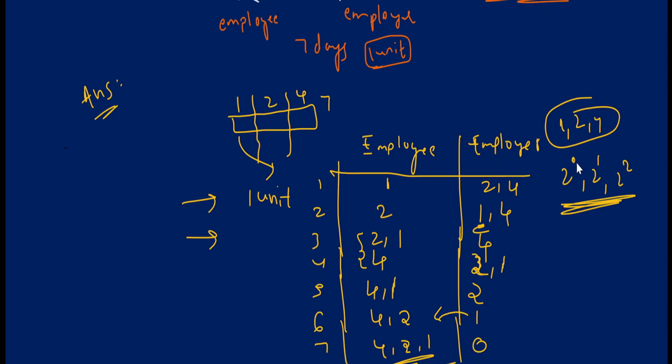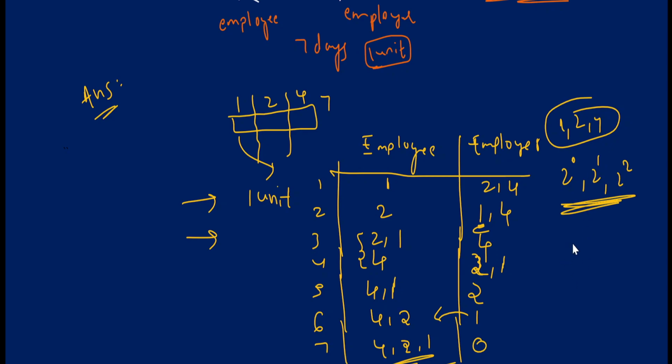Actually, with these numbers you can form any number between 1 to the whole summation. Like if you cut 1, 2, and 4, if you cut the rod 7 into these 3 pieces, you can form any number by using these 3 bars.